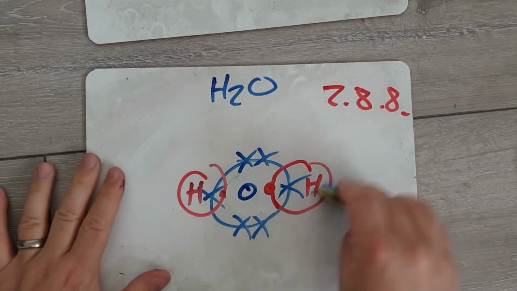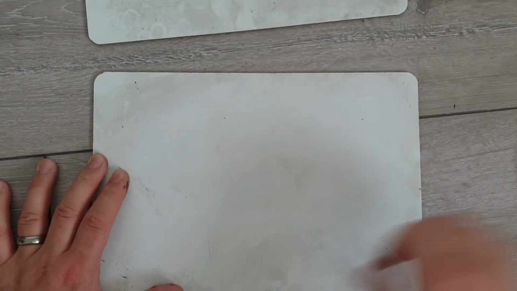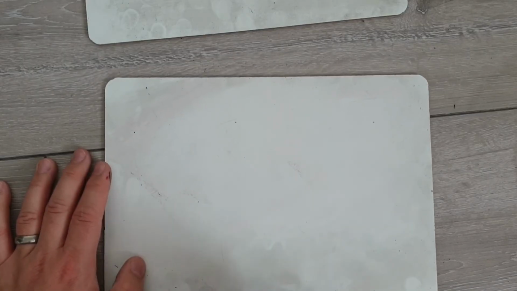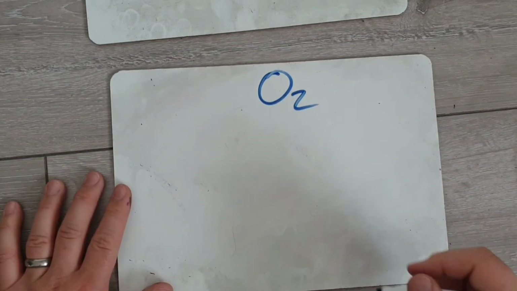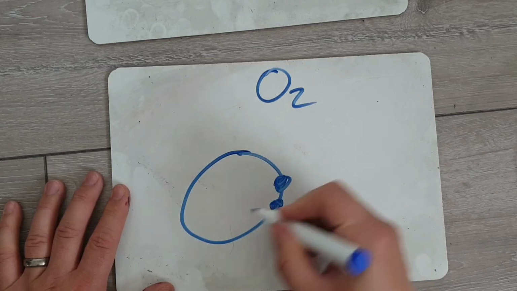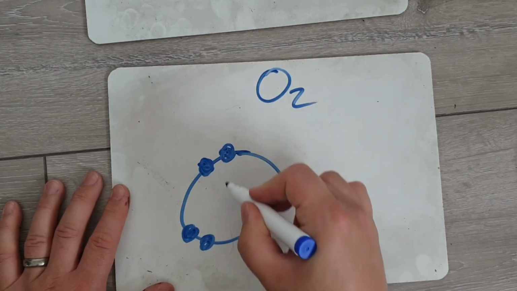And the last example for covalent bonding is something that's called a double bond. So a single covalent bond is sharing a pair of electrons, which means a double covalent bond is sharing 2 pairs of electrons. So if I look at O2, oxygen, you're breathing it in now. So 1, 2, 3, 4, 5, 6. So that's oxygen.